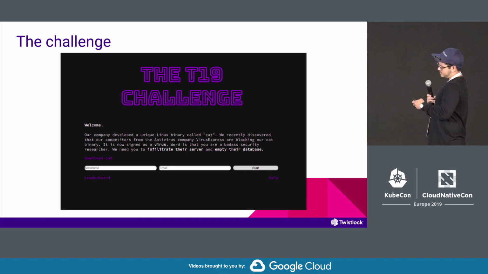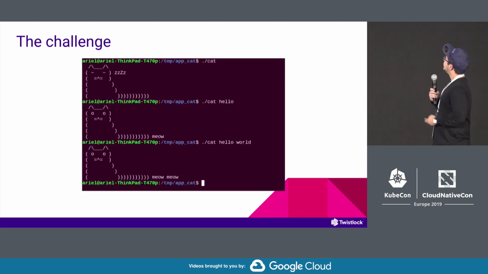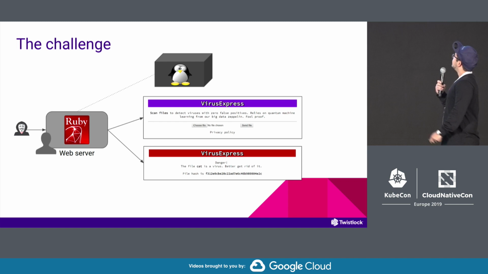Okay, so as you can see, this is the binary you download. It's called cat, and it's not a normal cat. It's just a virtual cat, but it has no flaws in it. You just need to upload it, get the MD5 of it, and get it off the database. So it's something you wouldn't really use.